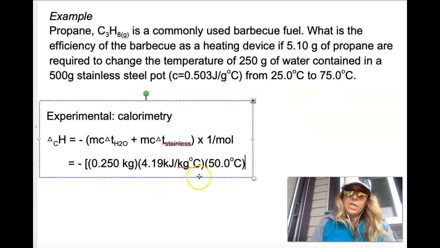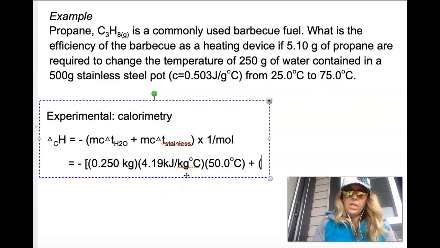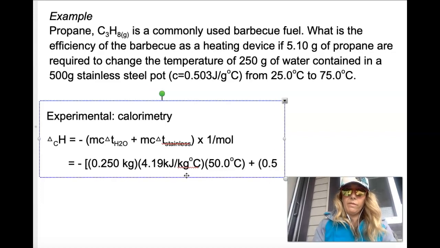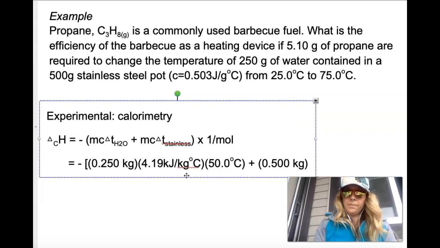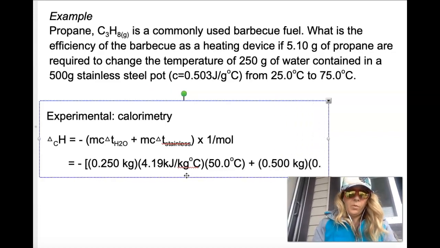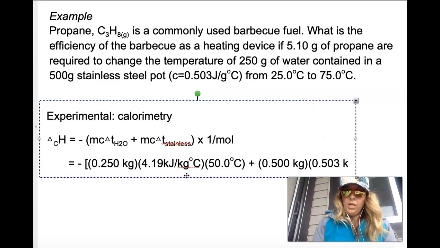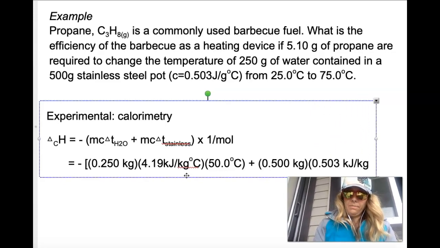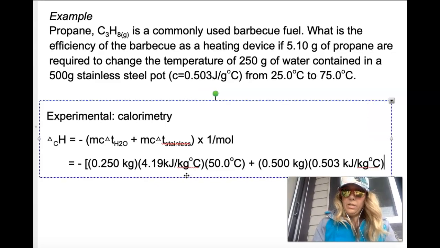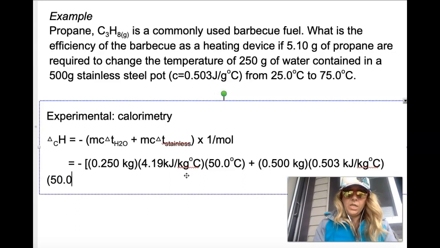Okay, so there's the MC delta T of the water. Then we need to combine it with the MC delta T of that stainless steel pot. So 0.500 kilograms times 0.503 kilojoules per kilogram degrees C. Okay, the temperature change is going to be the same, so it is also going to be 50 degrees C. Oh, that was not a bracket.